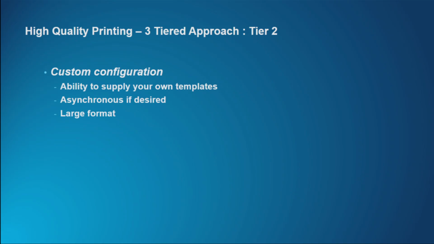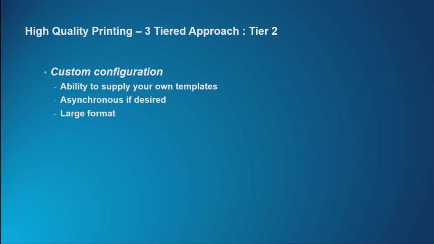The second approach is a custom configuration. This is essentially republishing that same service that comes pre-deployed with ArcGIS Server, but publishing that with your own templates. And since you're republishing a geoprocessing service, you can make this asynchronous if you desire.